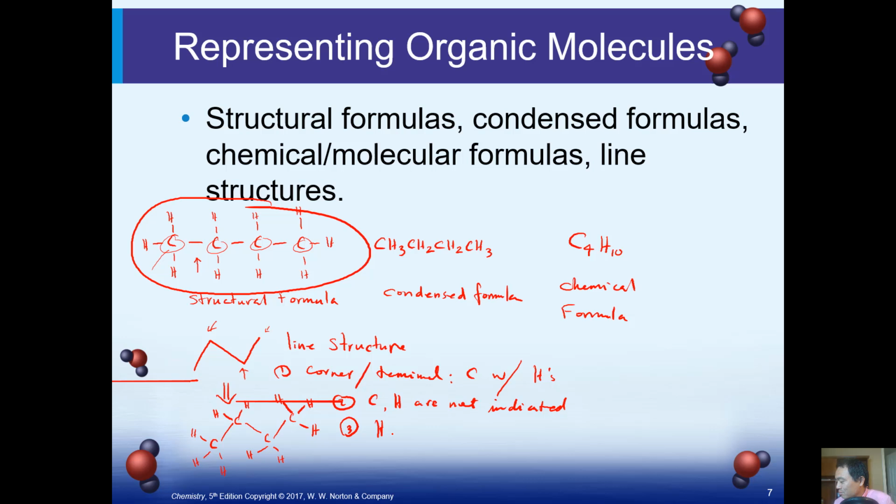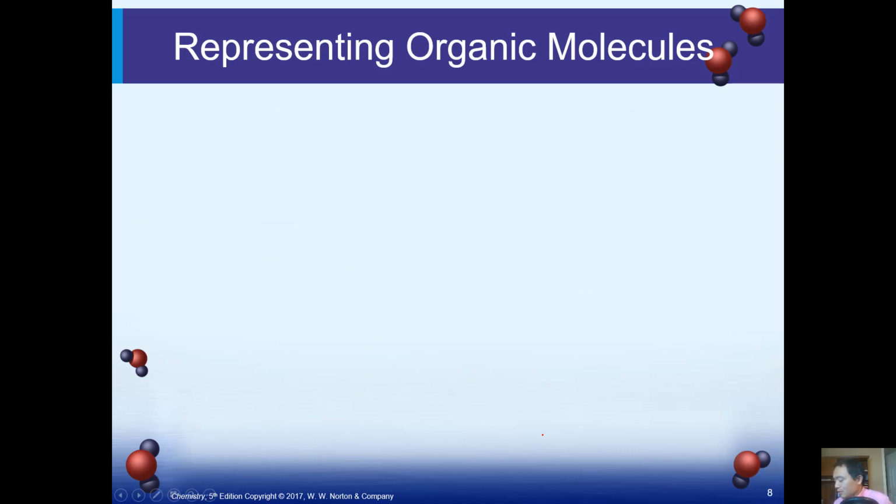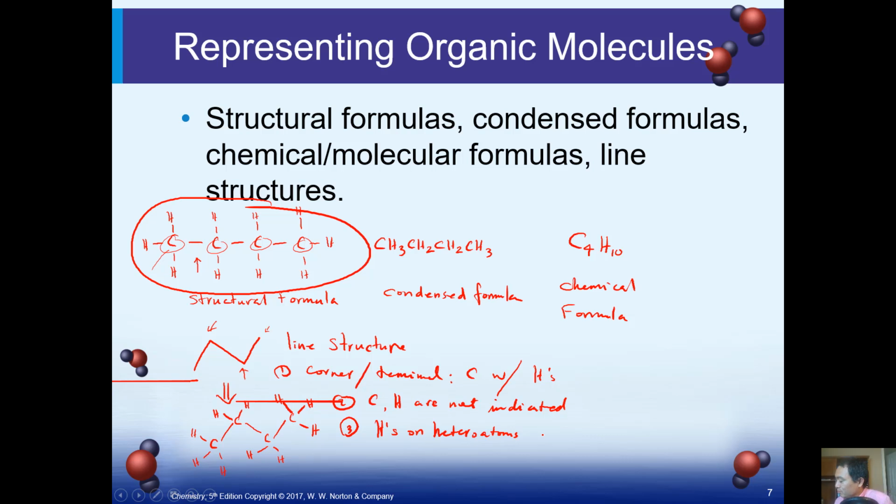Hydrogens on heteroatoms are indicated. We just mentioned the heteroatoms are the atoms that are neither a carbon nor a hydrogen. So they are indicated.